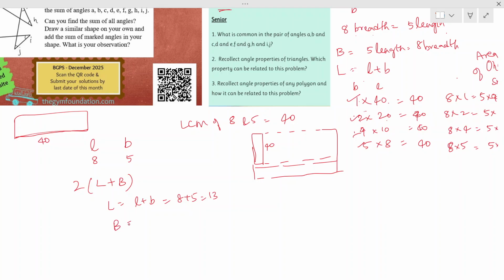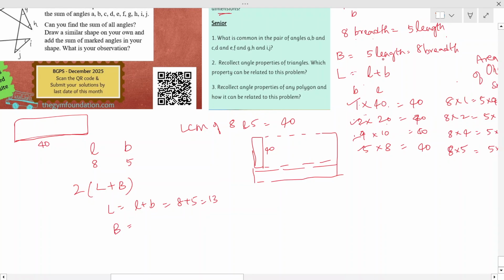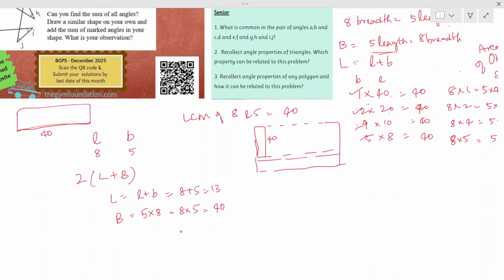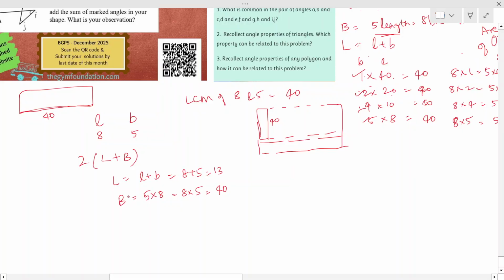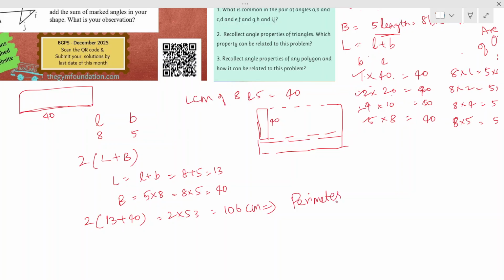And the breadth of the bigger rectangle is 5 times length or 8 times breadth. Both are the same, which is 40. So now you have found the length and breadth of the bigger rectangle, and the perimeter is 2 times L plus B. So 2 times 53 is 106 centimeter, and this is the perimeter of the bigger rectangle.